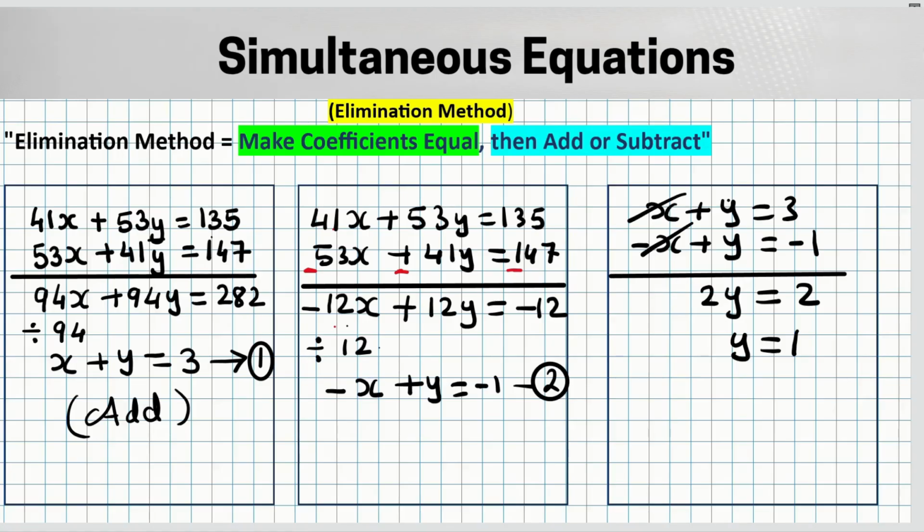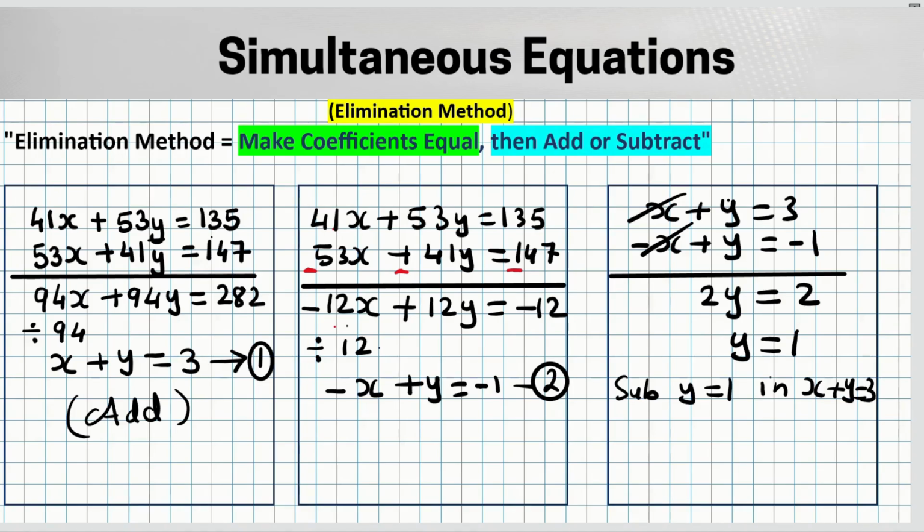Now you can substitute the value of y in any of the equations, but go for the simpler one. So I'll substitute y is equal to 1 in the equation x plus y is equal to 3.